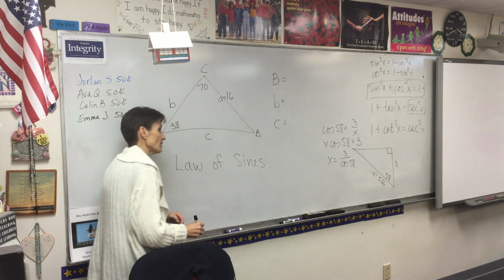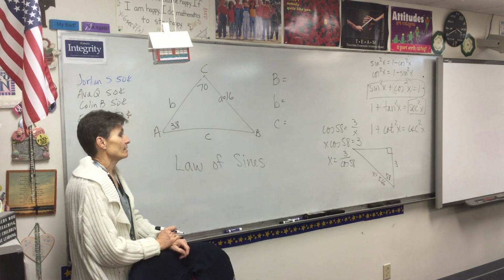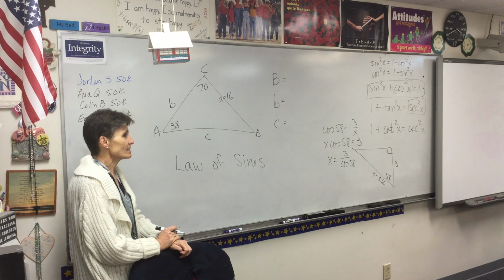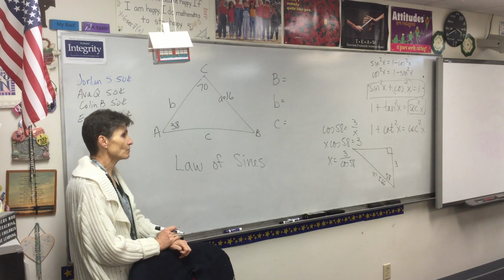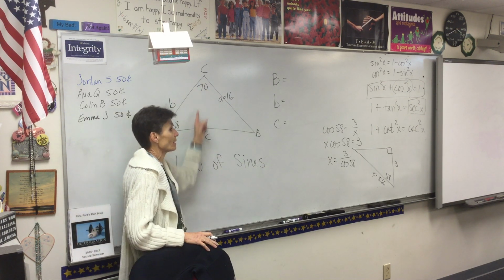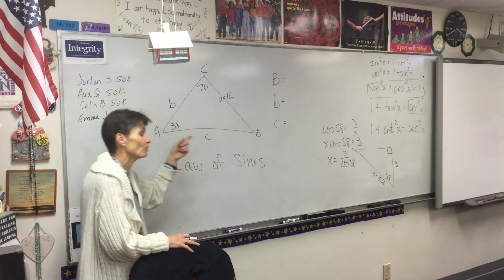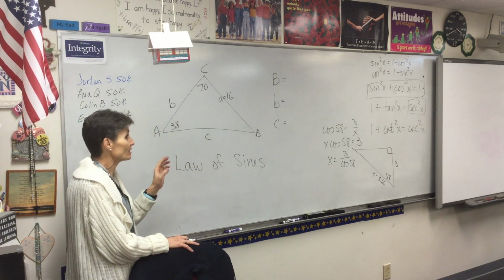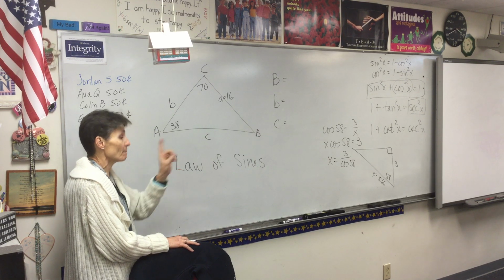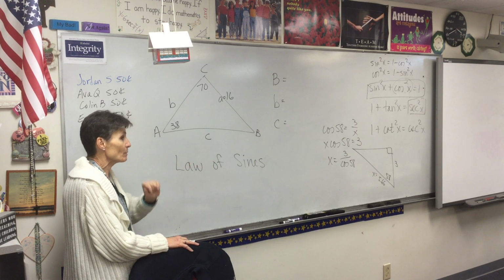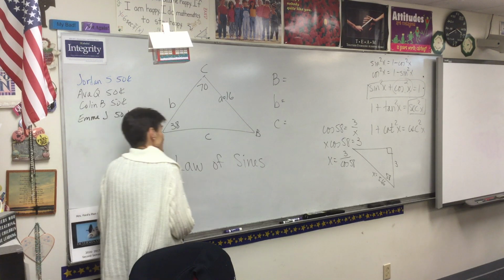And, Ferris, you're amazing. Because if I were going to take the time to derive the law of sines for you, I would derive it by dropping an altitude and splitting this into 2 right triangles. Now I'm not going to derive it, I'm just going to give you the law, but that's where it comes from. We do exactly what you thought to do.